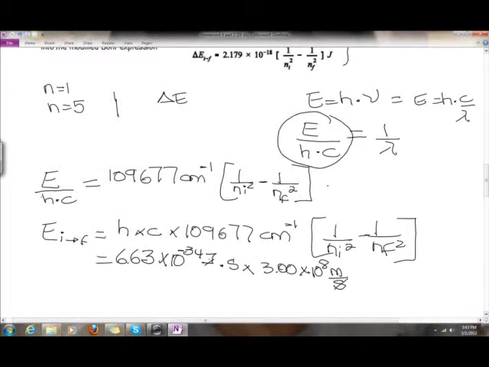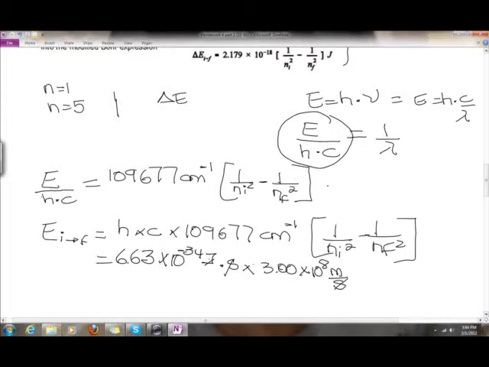Because what Bohr did is use that equation, but instead of wavelength, he represented the equation in terms of energy, to find the energy of an electron when it moves from the higher state, releases the energy, the photoelectric effect, and goes to the lower state of energy.